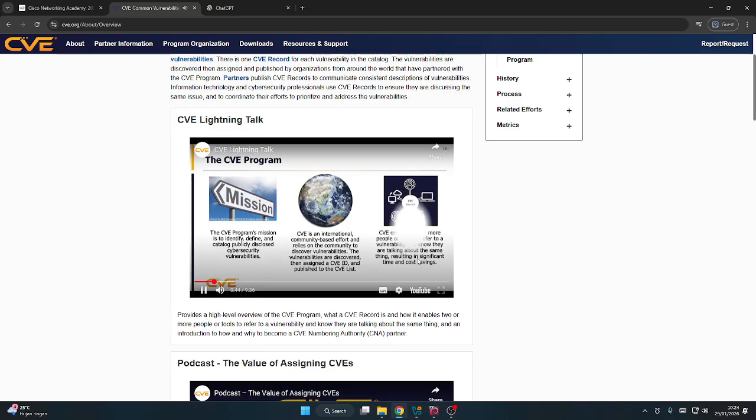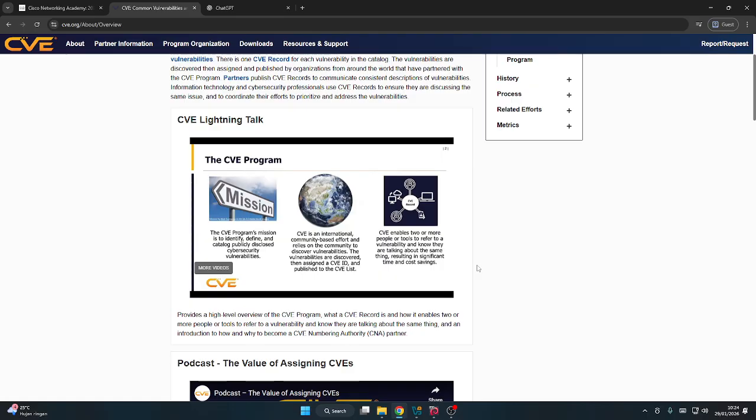So, as we can see here, the CVE program has a mission to identify, define, and catalog publicly disclosed cybersecurity vulnerabilities. CVE is an international community-based effort and relies on the community to discover vulnerabilities.